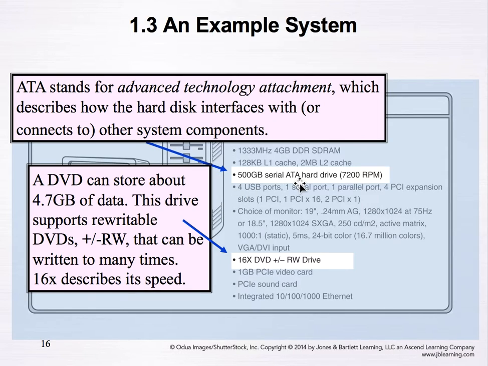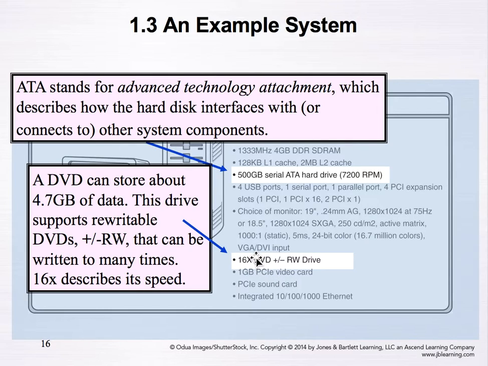Also, we can see that the standard of the hard drive is ATA, which stands for advanced technology attachment, which describes how the hard disk interfaces with the other system components. Also, we can see that the system has a DVD player.